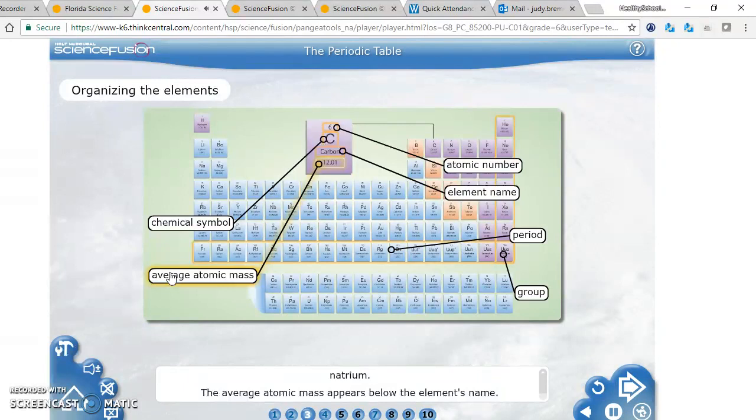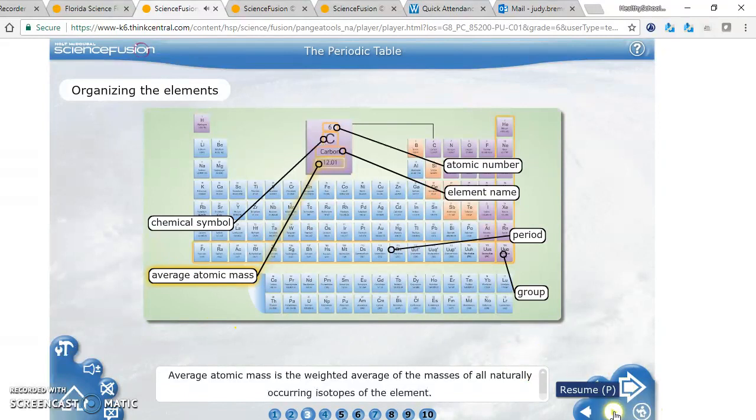Some chemical symbols refer to the element's Latin name. The average atomic mass is the weighted average of the masses of all naturally occurring isotopes of an element. The atomic mass is equal to the number of protons plus neutrons.